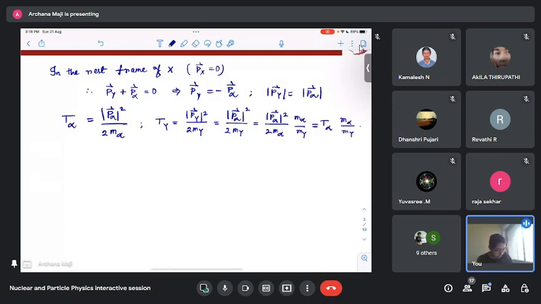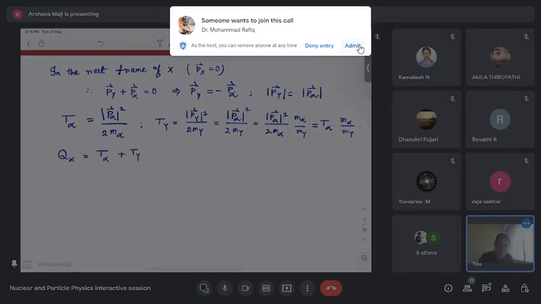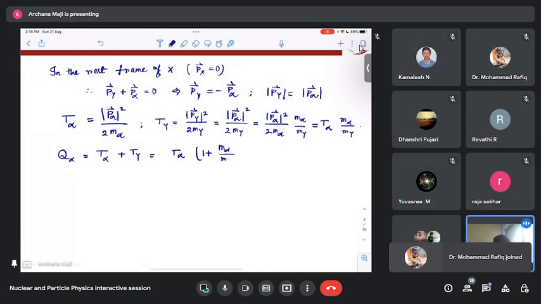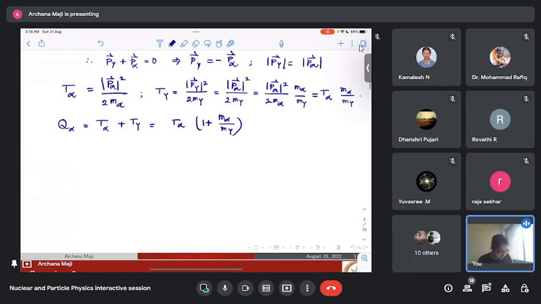And so the Q value of this alpha decay, as we saw, is T alpha plus T_Y, so T alpha into 1 plus m alpha divided by m_Y. So this is the expression that we need to use here.